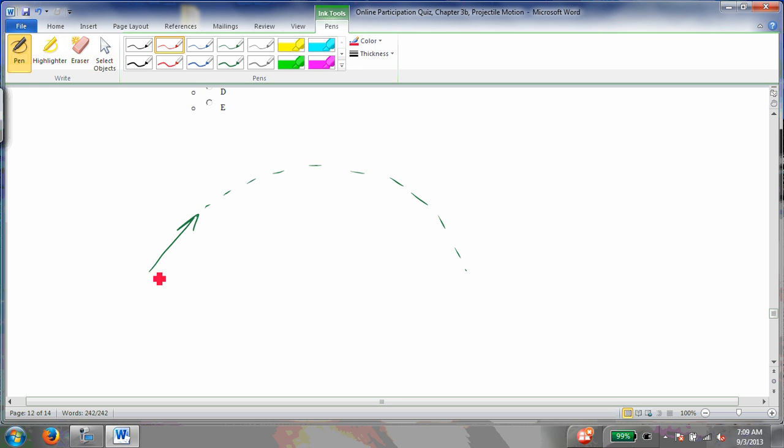If I have a lesser angle, it'll go a lesser distance. And if I have a bigger angle, it will go higher, but it will go a lesser distance than the 45. So 45 is the maximum distance that you can get, the maximum horizontal range, but not the maximum vertical range.